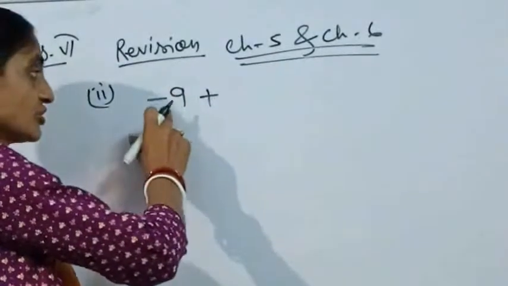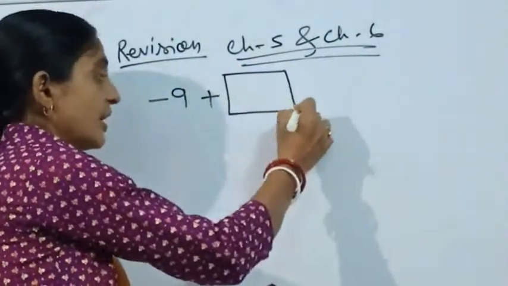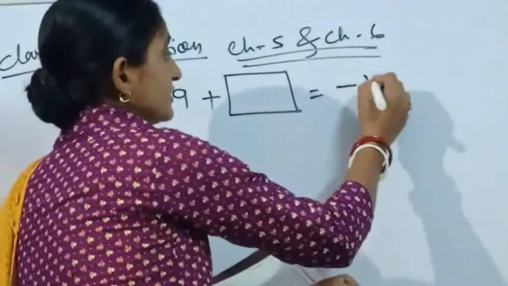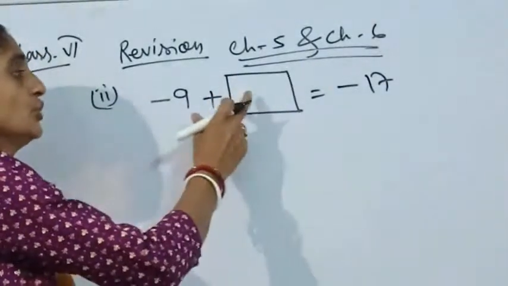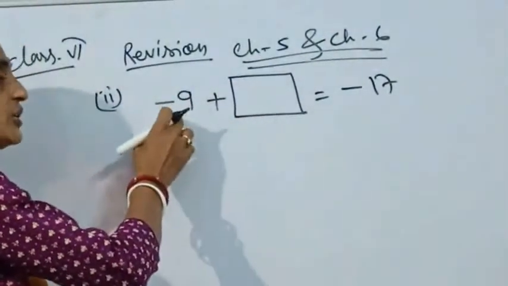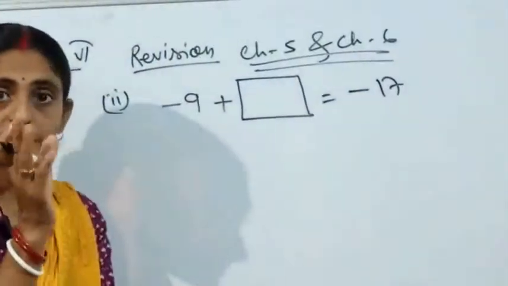That means -9 has been added with some number, we don't know what it is, and their sum is given as -17. So what will you add with -9 to get -17? If you are going for the easiest way, you can count from -9 to -17.